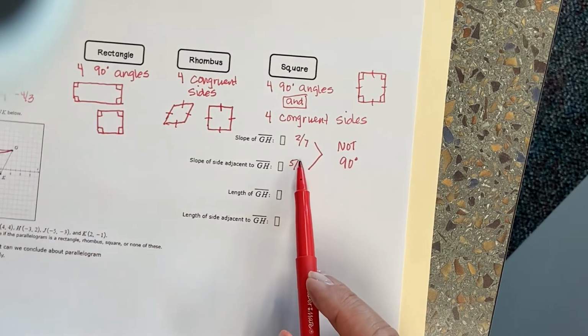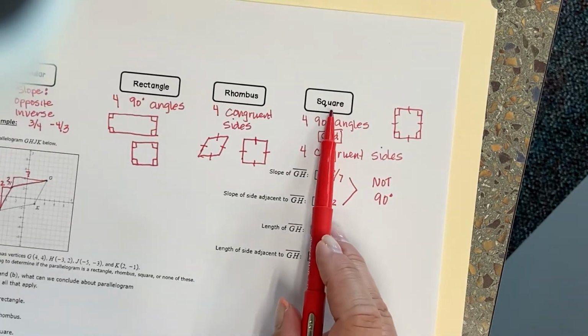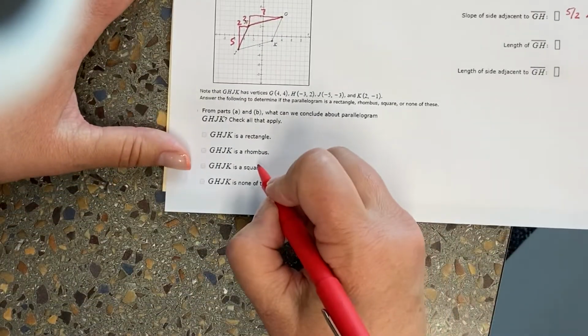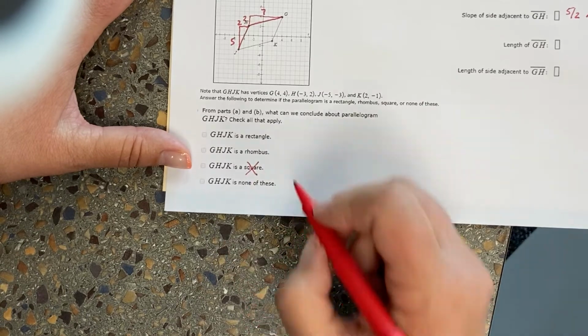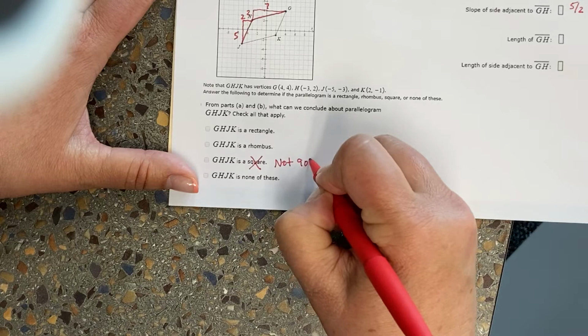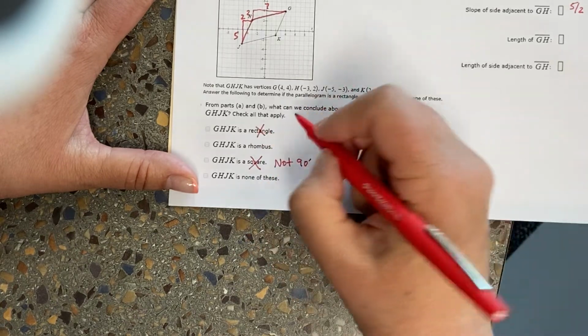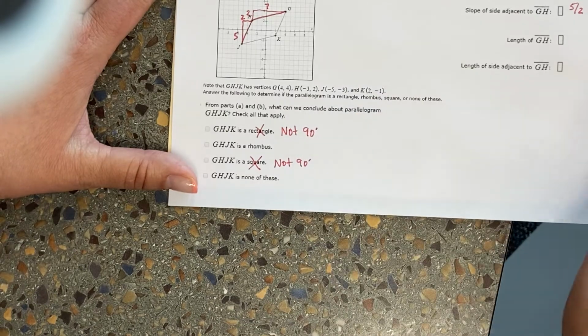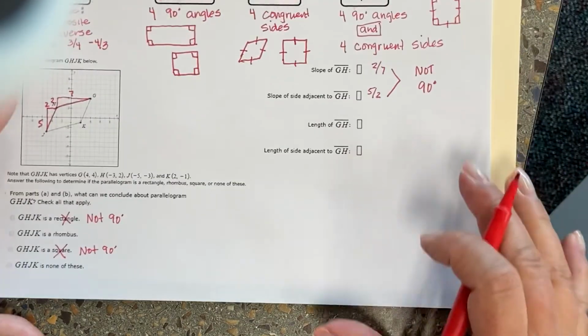So because they're not making a 90-degree angle, it can't be a square and it can't be a rectangle. I already know that. So I'm going to say, well, it can't be a square because they're not 90 degrees, and it can't be a rectangle for the same reason, not 90 degrees. Okay, so we've ruled those out.